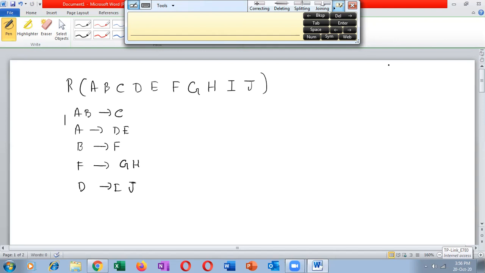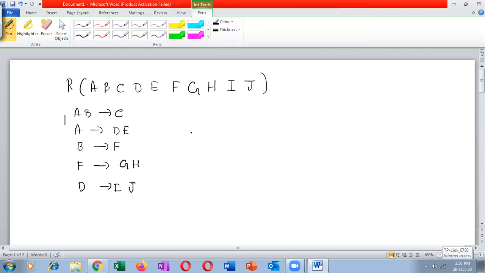Now let me draw the schema diagram once.